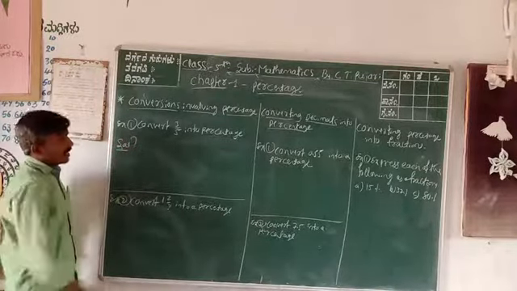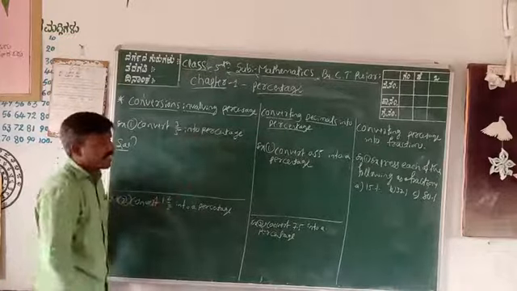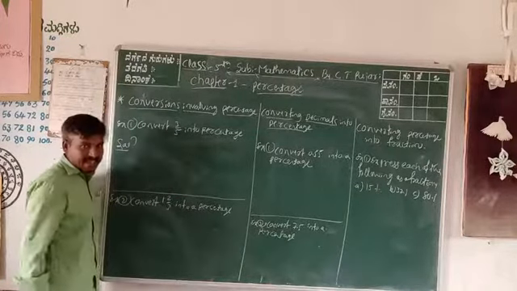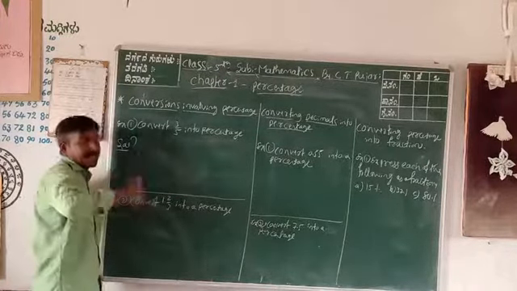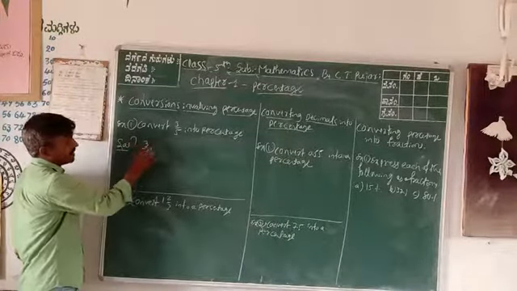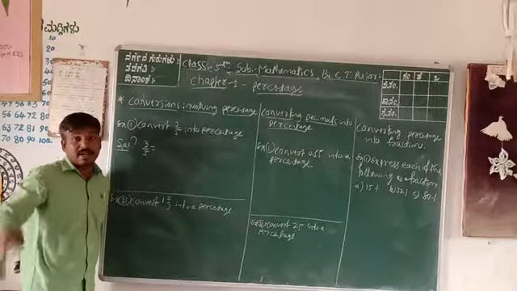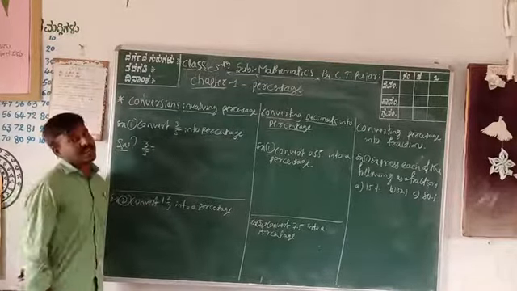Question: convert 3 by 5 into a percentage. 3 by 5 is a fraction. You can convert a fraction into a percentage. First of all, the fraction is 3 by 5. You can multiply by any number to make the denominator 100.